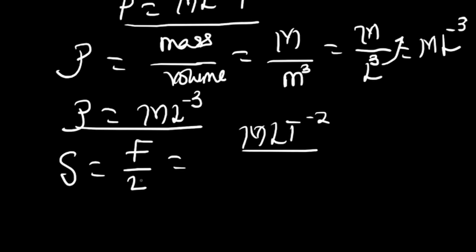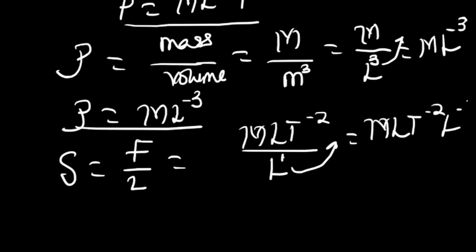It's force per unit length, or force over length. And the dimension for length is just L. We also take it upwards. Remember that this L has the power of 1, right? When we take it upwards, it now becomes MLT^-2, and then we have L^-1.